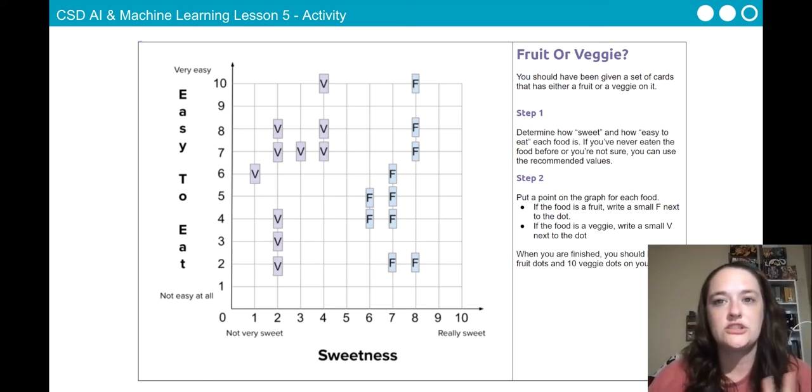These two features are doing a great job of separating foods into fruits and vegetables. This is really great for a computer. If it wants to determine whether a food is a fruit or vegetable, it just needs to see where it is on the graph. Things get a little tricky in the middle of the graph, though.